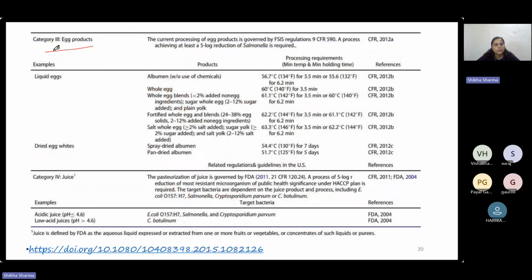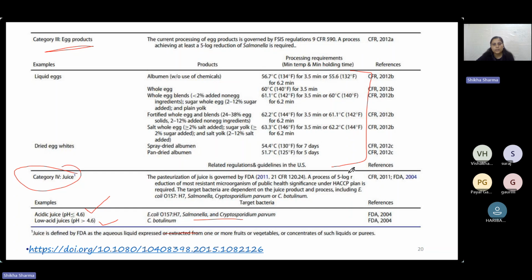So in egg products, certain treatment conditions are taken, like around 50 to 60 Celsius, and juices will be low acid and high acid food juices. So Salmonella and botulinum, these kinds of target bacteria are usually seen in industry.